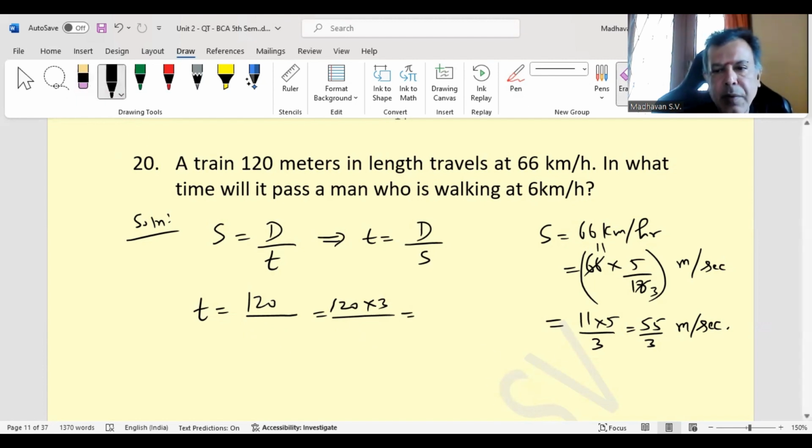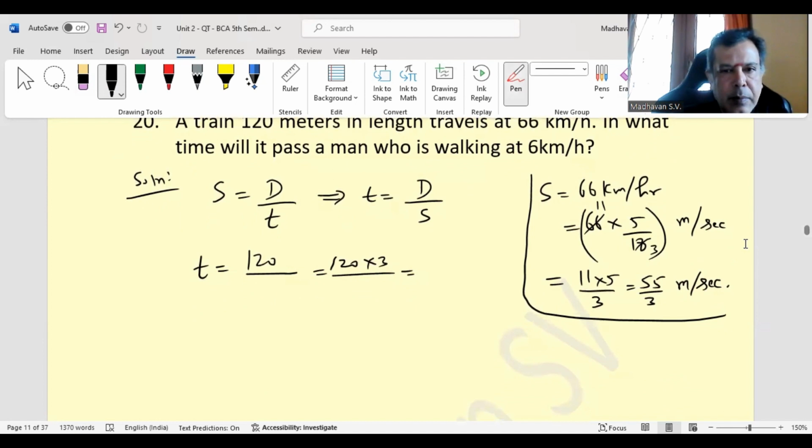So this is our train's speed. And then the man is walking at 6 kilometers per hour. So 6 kilometers per hour, that is speed of the man. This is speed of the train. What we are going to consider here is the relative speed.